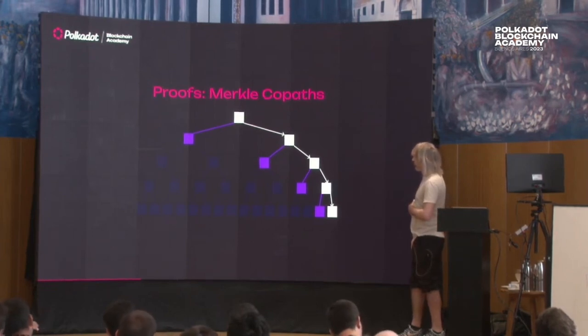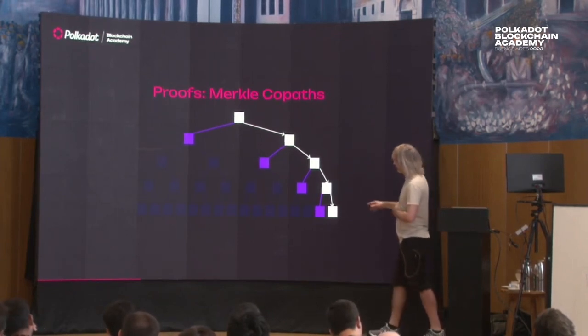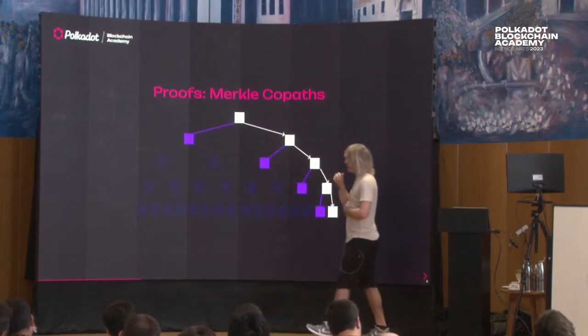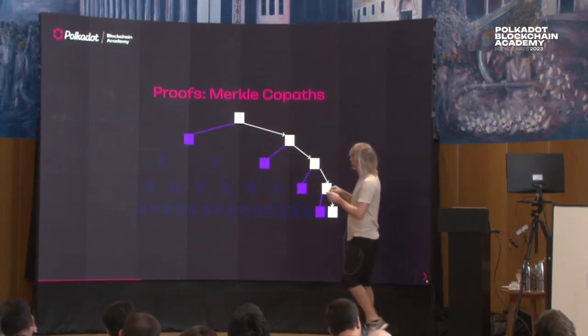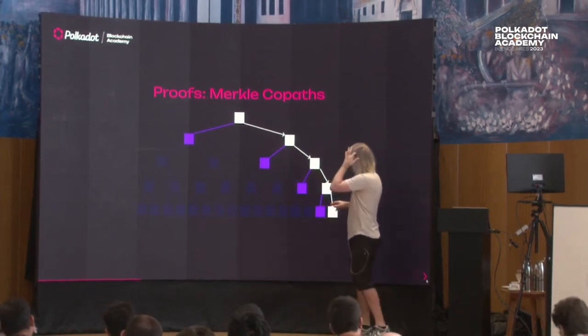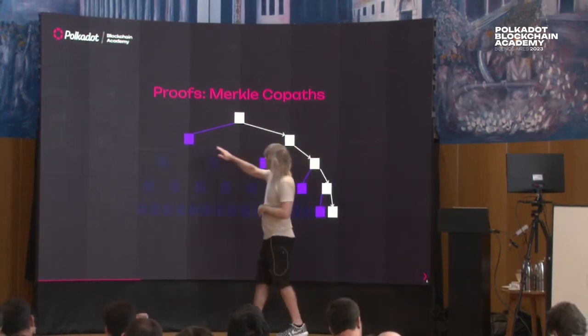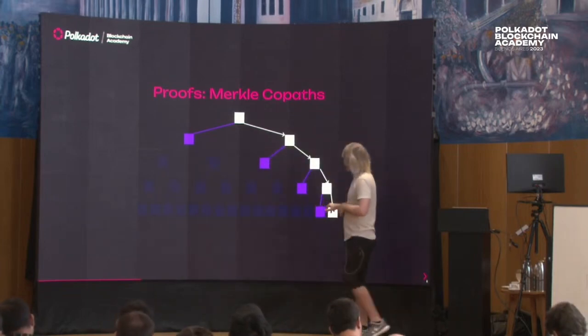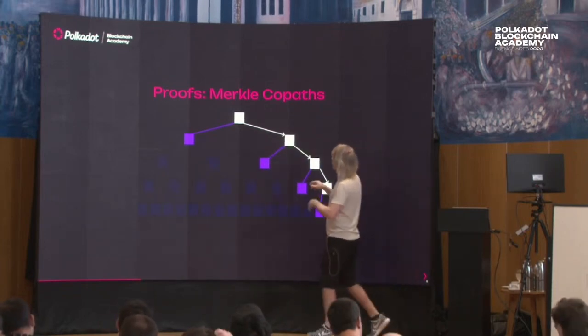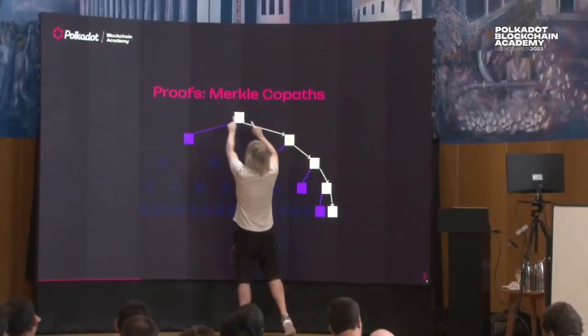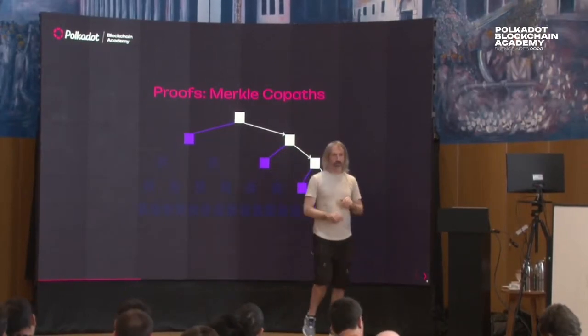Why can we believe the proof is secure? Well, these purple hashes, we assume any attacker could not provide us with purple hashes such that at the top level at least, whatever this value turns out to be could be hashed with this value to get X, which we already trust.